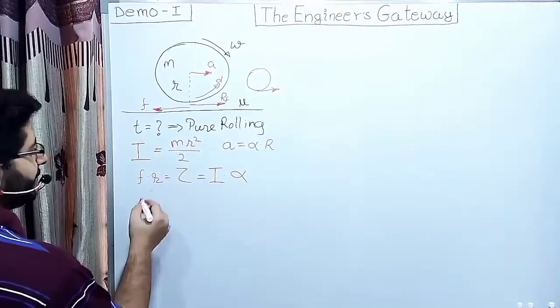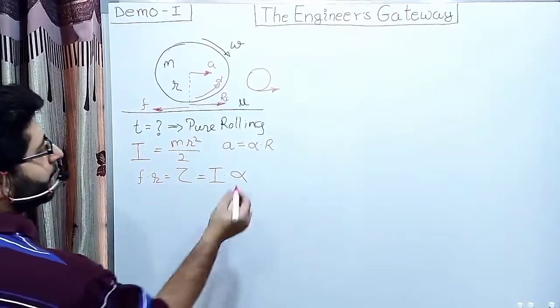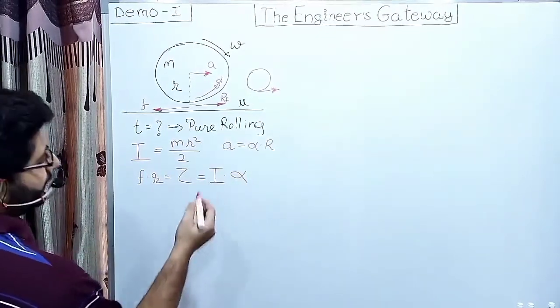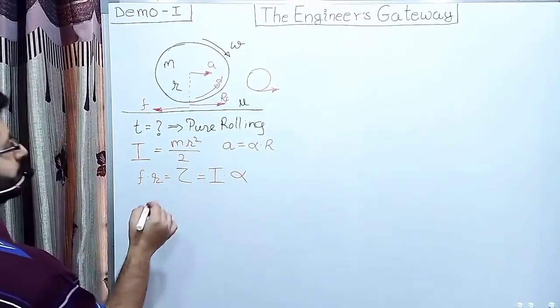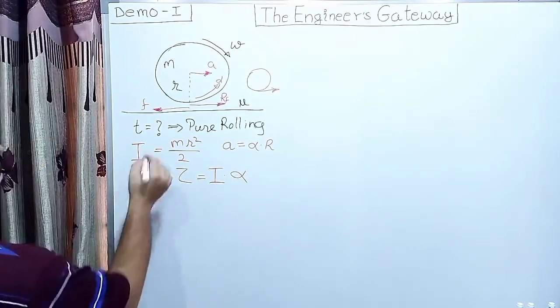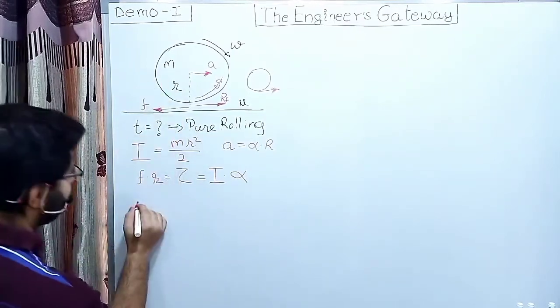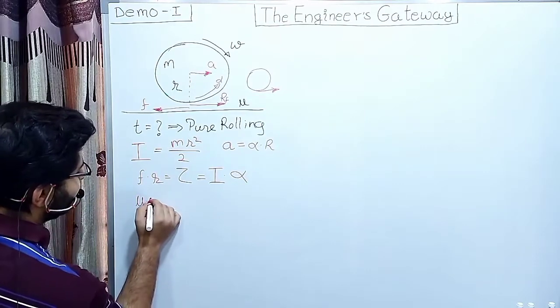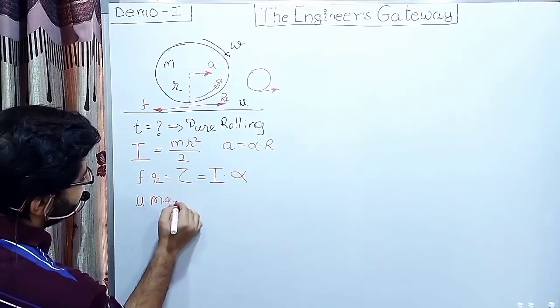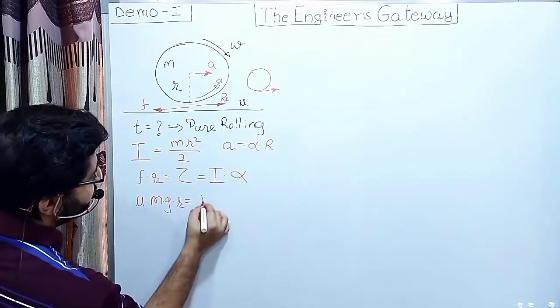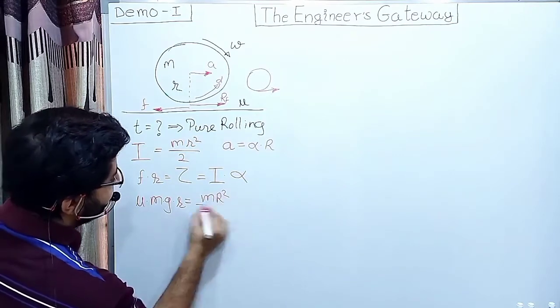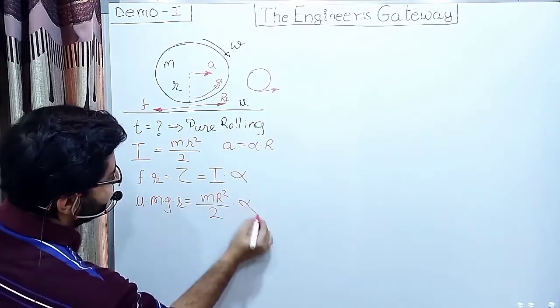Now this I into alpha, and a by r is equal to alpha, or a is equal to alpha into r. Now this force of friction will be given by mu into the weight, that is mu m g, into r, is equal to mr square by 2 into alpha.